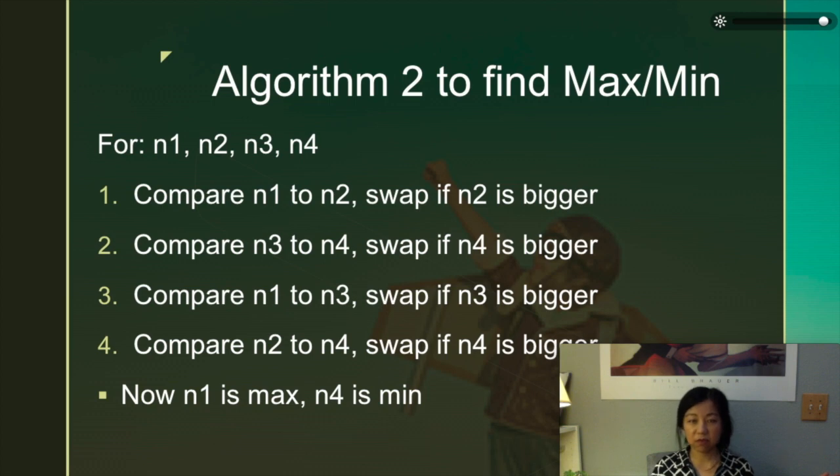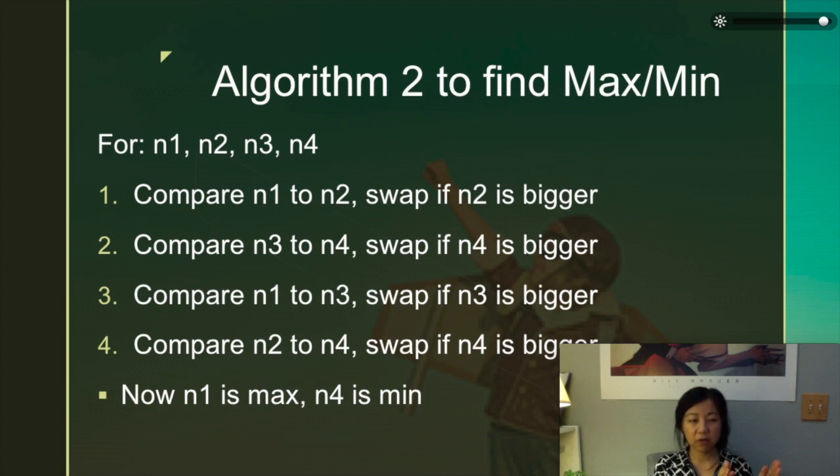So you have only 4 comparisons to do. But in doing it in a computer, there's a particular way that we go about it. This is described in algorithm 2.